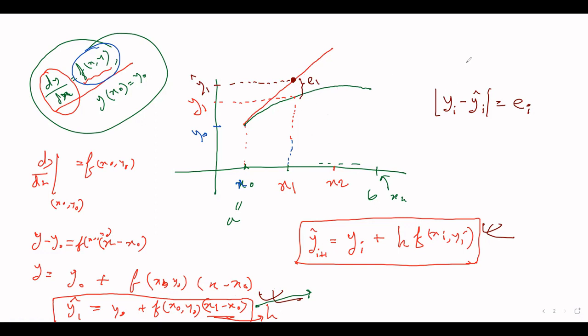For the ith point, yi is the actual value, yi cap is the approximated value using our method called the Euler method. Their difference is the error ei, which is going to be non-negative for every point, right? So this is how we are approximating y1 using the value y1 cap, and this is how we are getting the error e1. Is the method clear so far?